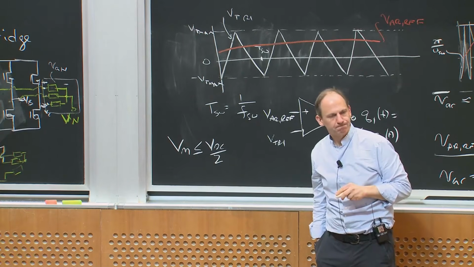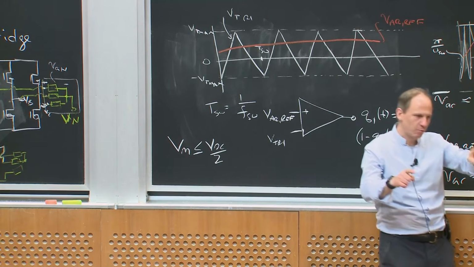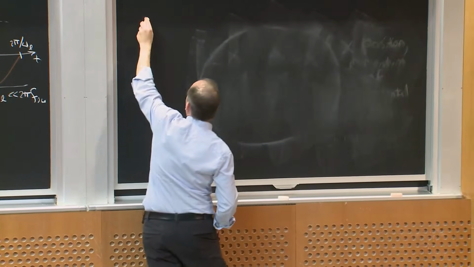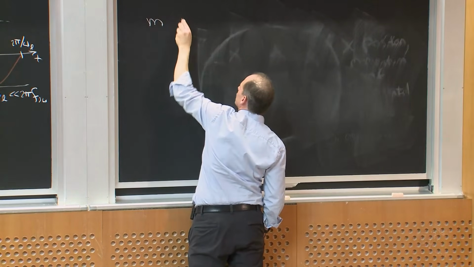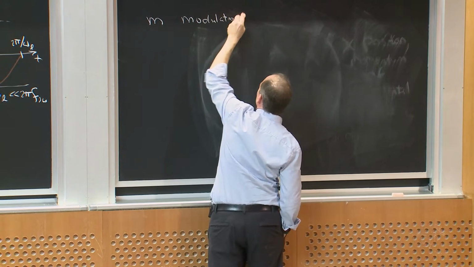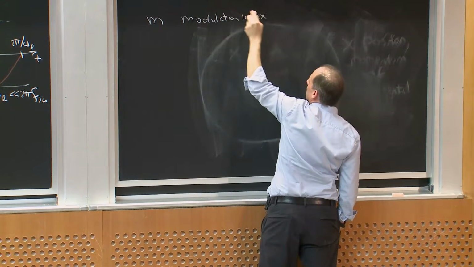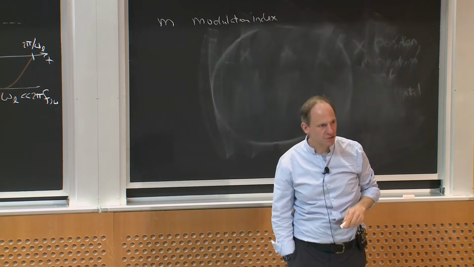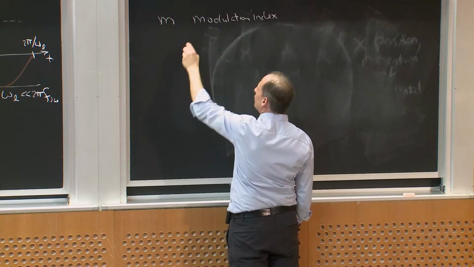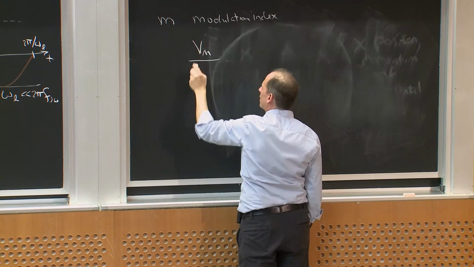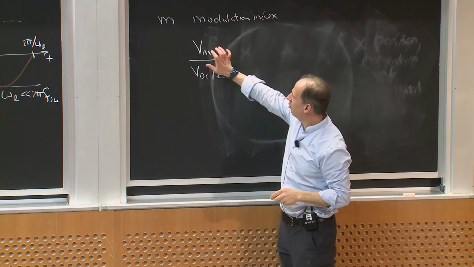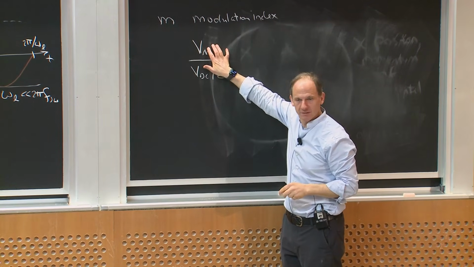Now, if I'm going to synthesize a sine wave like that, we often define something called M, or the modulation index. Sometimes this is called the depth of modulation also, which is essentially V sub m divided by VDC over 2. This is how big a sine wave am I generating?